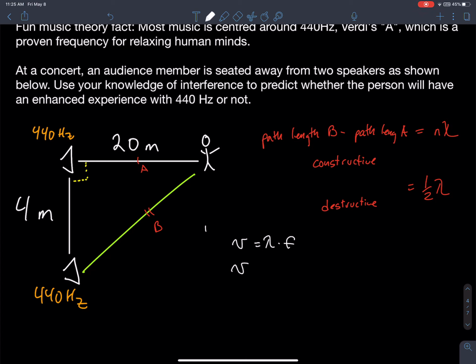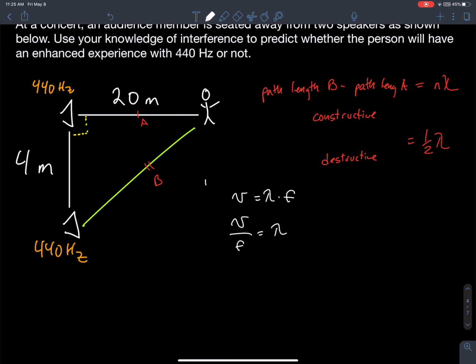So the speed of sound divided by the frequency is going to be my wavelength. Okay, so 340 meters per second, which is the speed of sound typically, divided by 440 hertz, is going to give me a wavelength of around 0.77 meters. Okay, so now I know what my wavelength is.